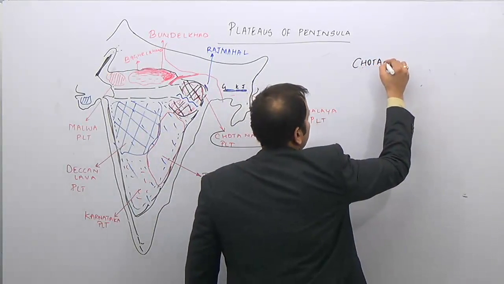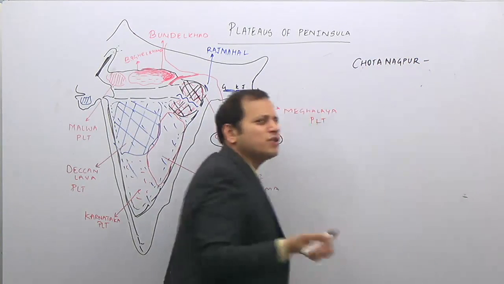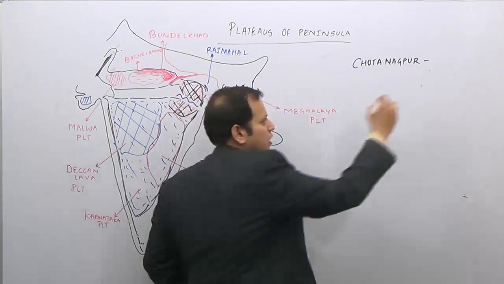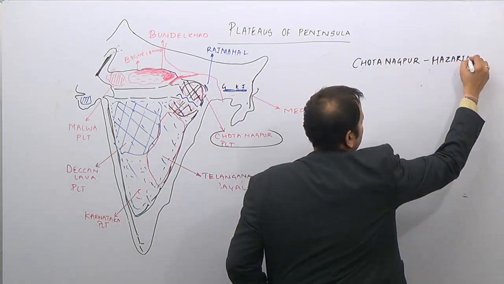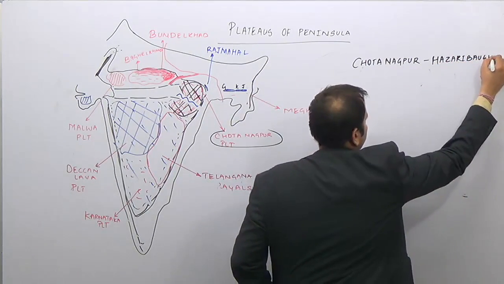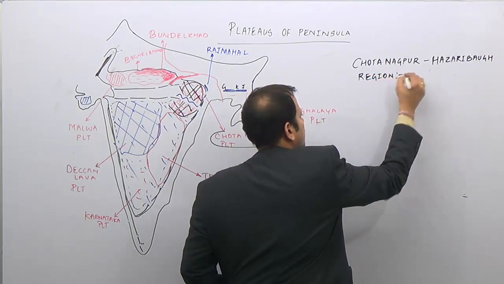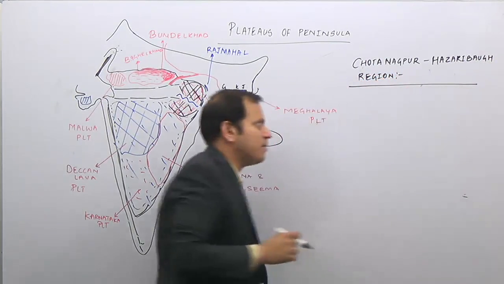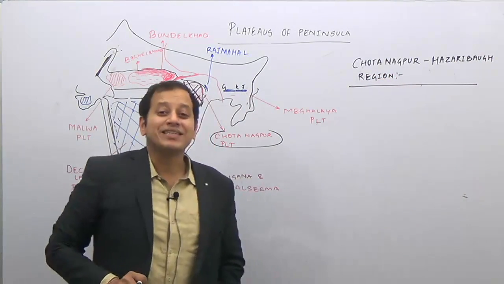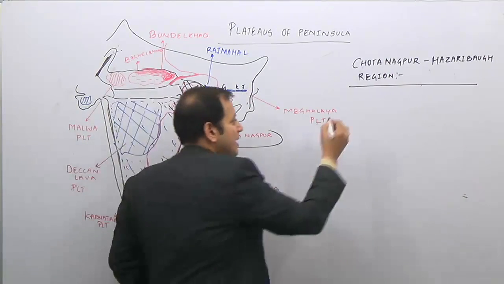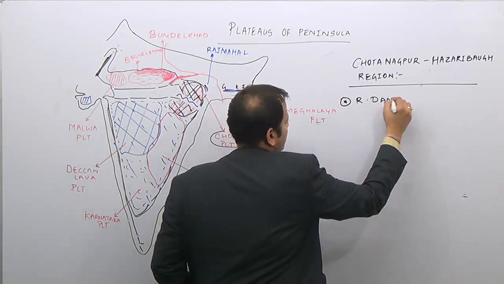A part of the Chota Nagpur Plateau, an extension of it, is the Hazaribagh region. The Chota Nagpur Plateau, it is drained by which river? It is drained by the Damodar river. River Damodar flows through a fault in this region.